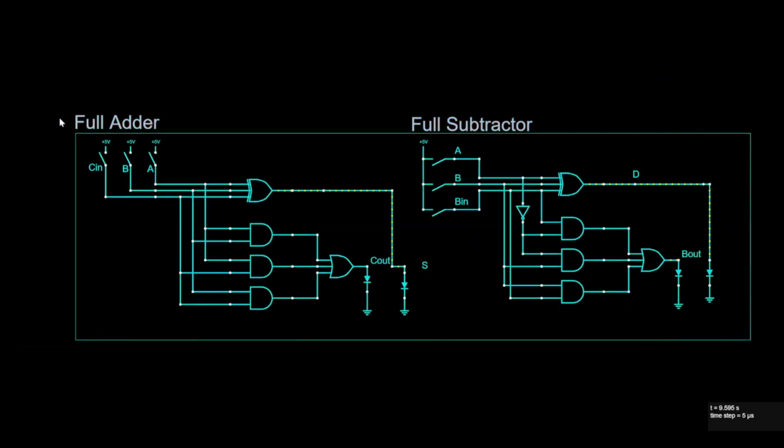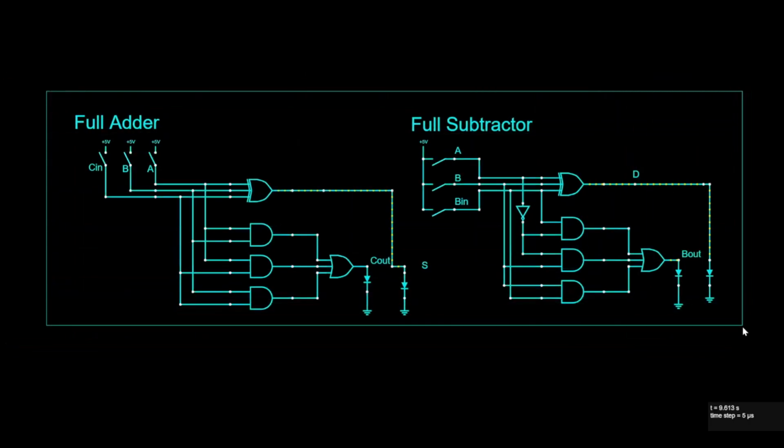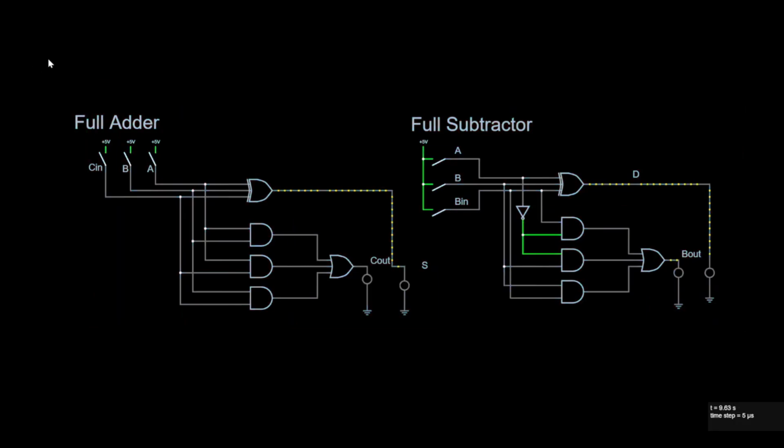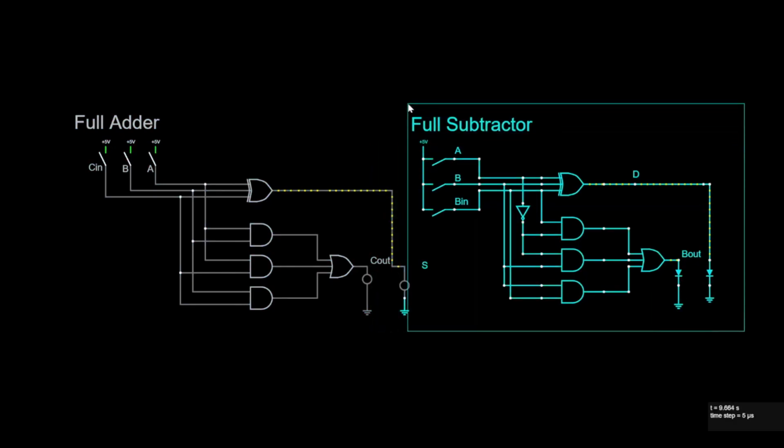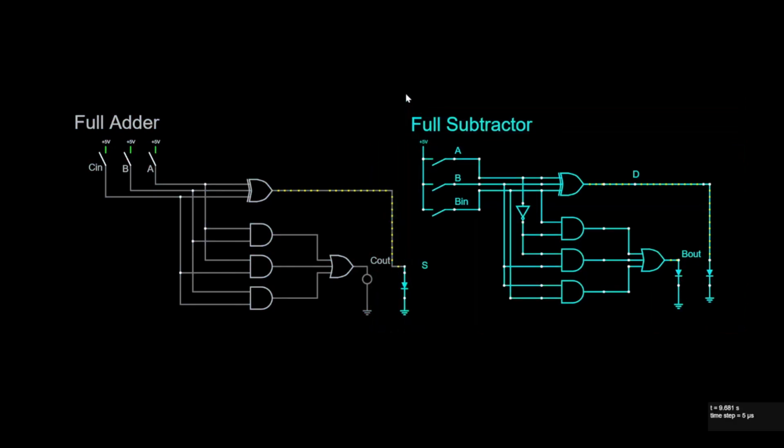You'll see them combined into a full adder, full subtractor circuit as one. Because if you notice, the schematic for this one and the schematic for this one are pretty identical. The only difference is that we have an inverter here on the A input.